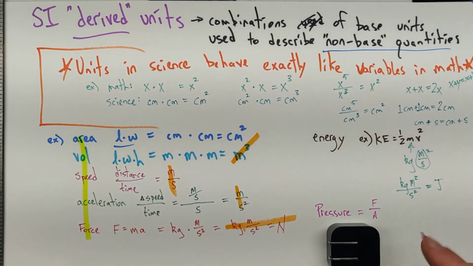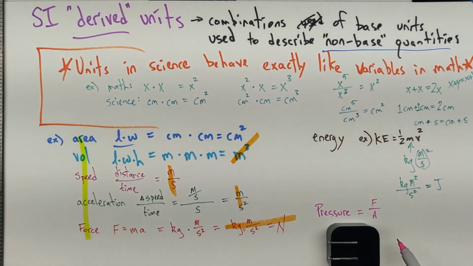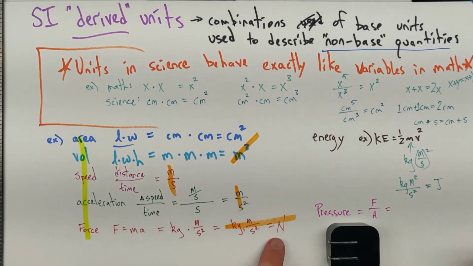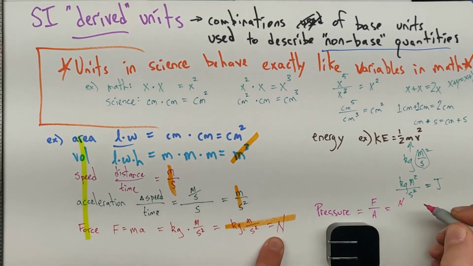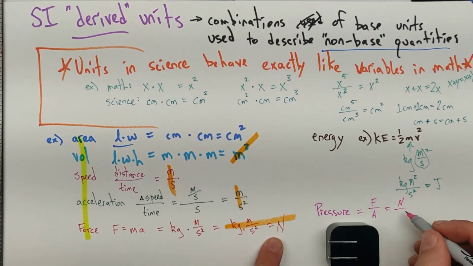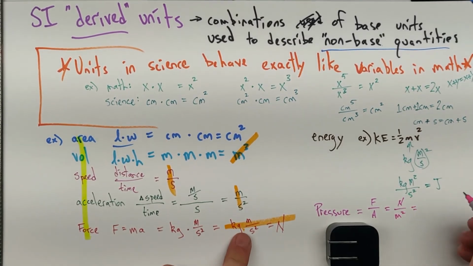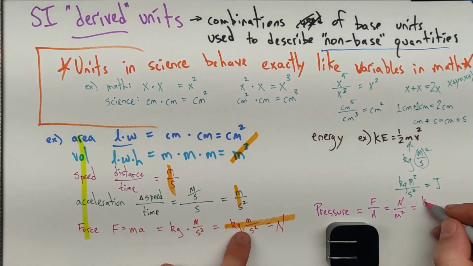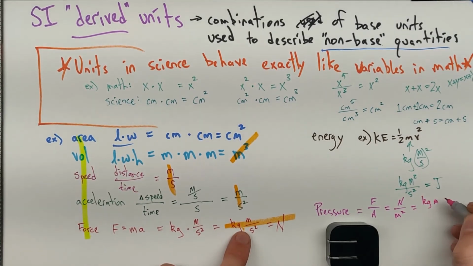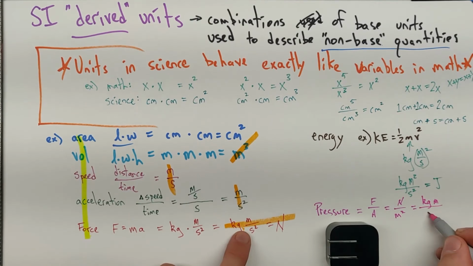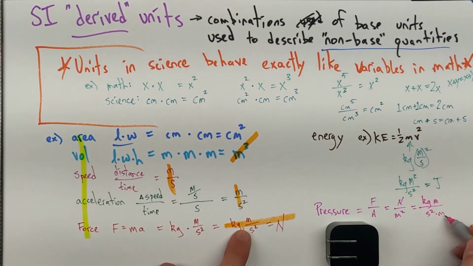So what is a unit for force, though? Well, we just established that force could be measured in newtons, and area could be measured in meters squared, right? So if you really want to step on that, you actually get a newton as a kilogram meter per second squared, and all of that is over meters squared.